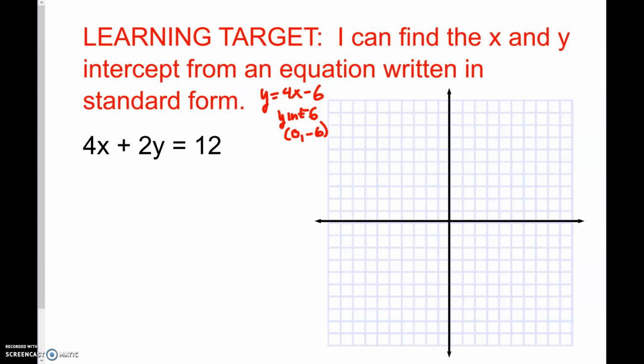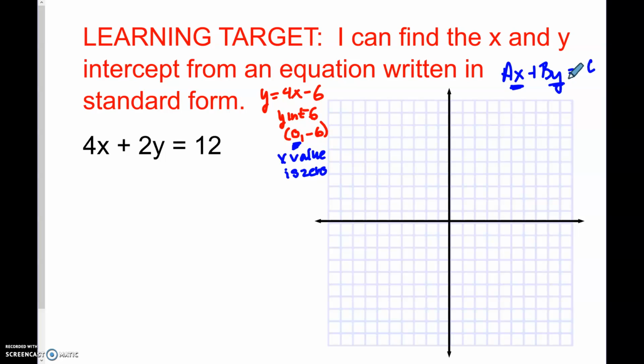So every time we do this problem, what is the x value? X value is 0. That does not change just because our equation here is written in a different form. This is called standard form, and standard form is ax plus by equals c. Do you see how the letters x and y are on one side of the equal sign?